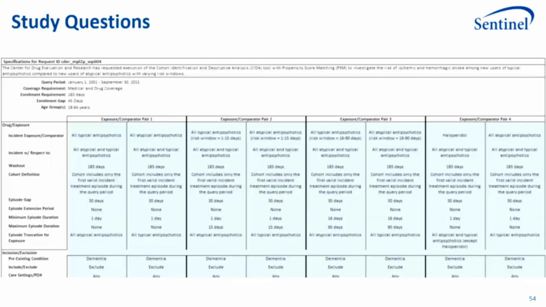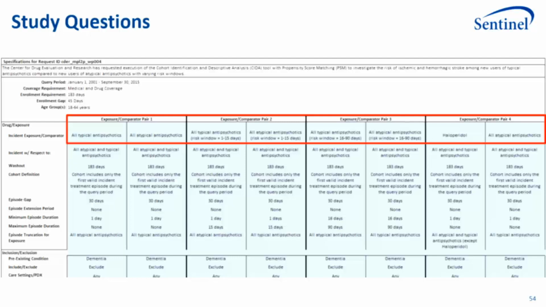This is a screenshot of a query specification, a document we prepare for every query when we assemble the package. You can see that we established 4 different comparisons. The first compares all typical antipsychotic users versus any of the atypical antipsychotic users.